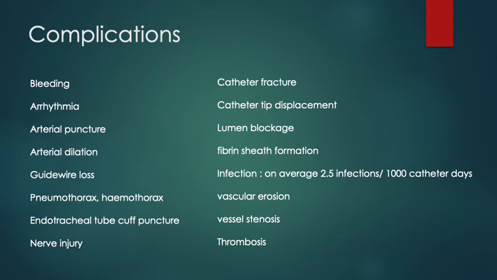Fibrin sheath formation, and we've certainly all seen someone who's had their central line removed because it's thought to be a source of infection, and they have a SIRS response prior to that removal. And then in very severe cases, vascular erosions, vessel stenosis, which is important, particularly in subclavian veins, and particularly in people with end-stage renal failure who may be needing AV fistulas to be formed in the future.